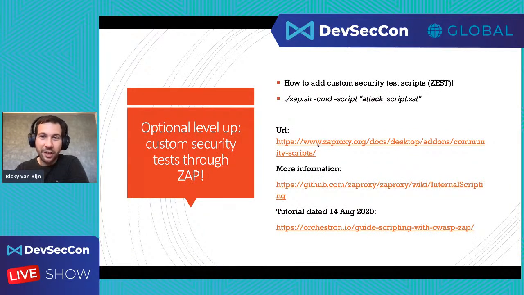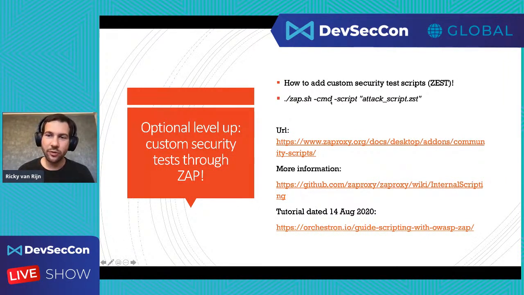Another custom made, and that's the cherry on the pie, like a typical Dutch expression. How to add custom security test scripts, and then we're going to the Zest. And that's one thing I got really enthusiastic about, although I haven't done a lot with it, because I'm still a Java developer, but I would like to do more with it in the near future.